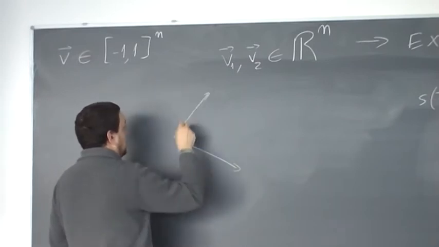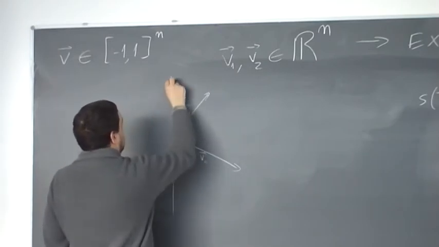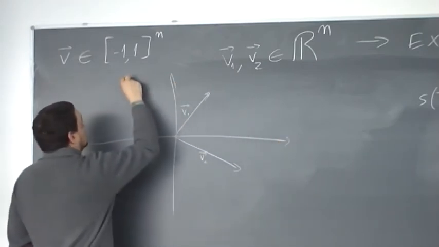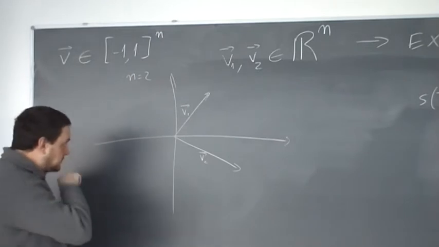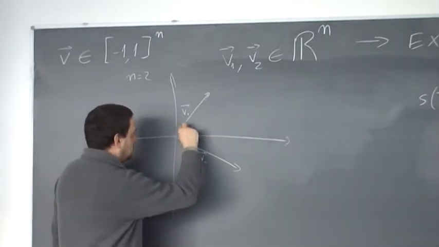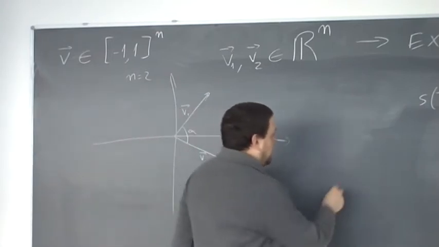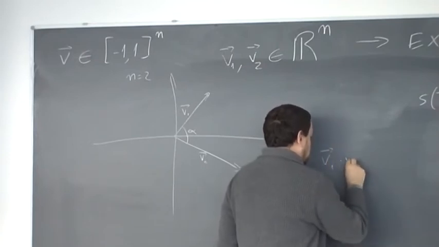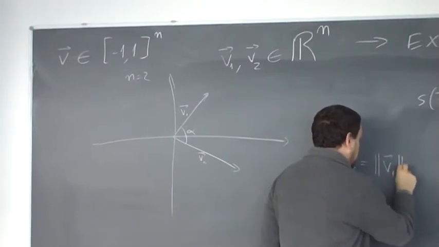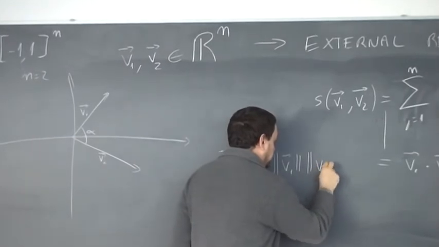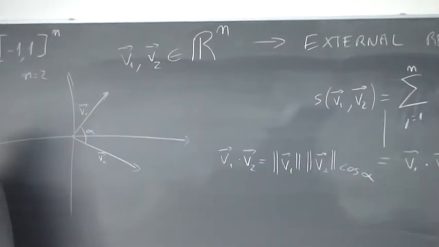So if these are two vectors, v1 and v2, on a two-dimensional space, and this angle, let's call it alpha, is the angle between the two vectors, then v1 dot v2 is actually the length of v1 times the length of v2 times the cosine of the angle between the two vectors.